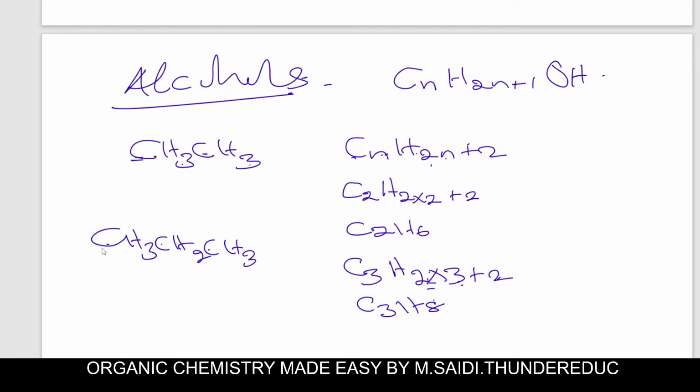So I come here and count. Do I have 8 hydrogens? 6 plus 3 plus 3 is 6 plus 2, which is 8. That's how it works. All the molecules of alkanes must obey this general formula.